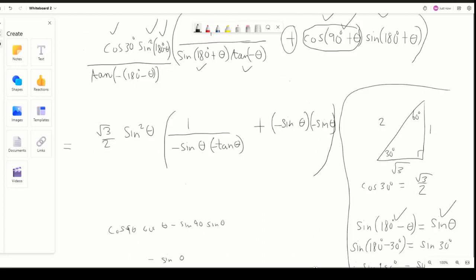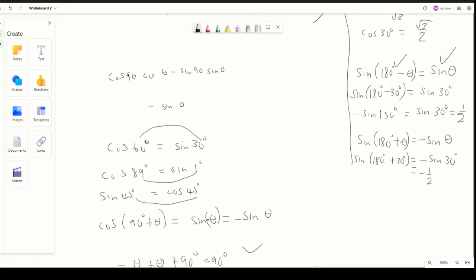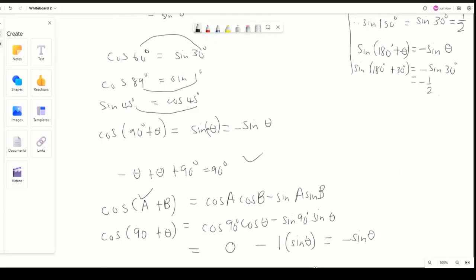Right, now I'm left with what's left here. The tan of minus 180 minus theta. Okay, let's see quickly. Well, there are many ways to resolve this part here. Let me just note, people, you will see how I wrote this here.